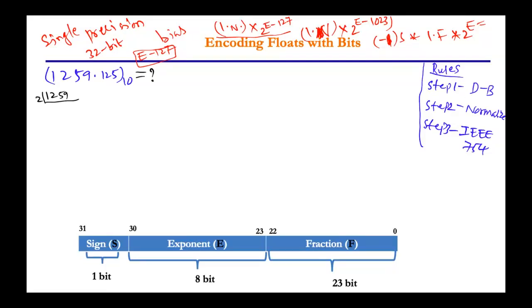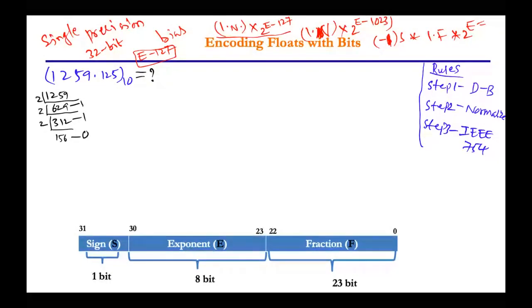1259 divided by 2 gives 629, and the remainder is 1. Then 629 divided by 2 gives 314, the remainder is 1. Then 156, the remainder is 0.